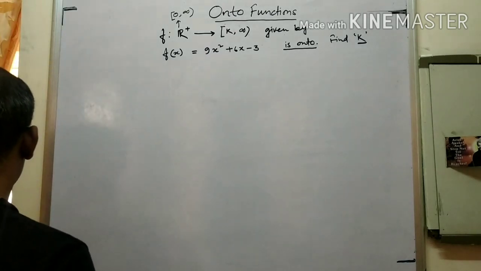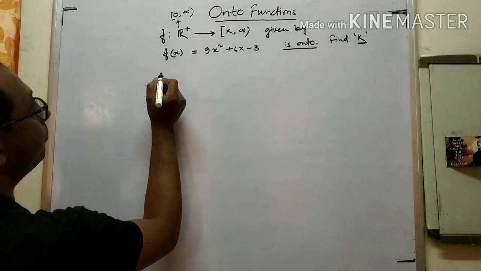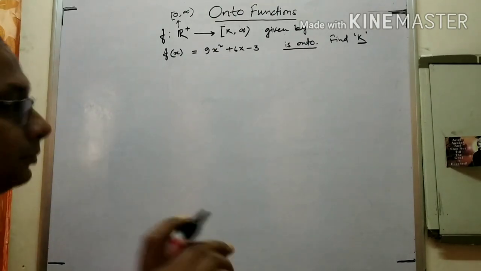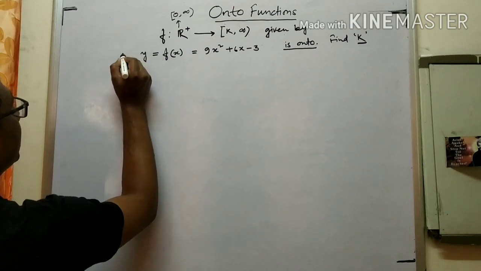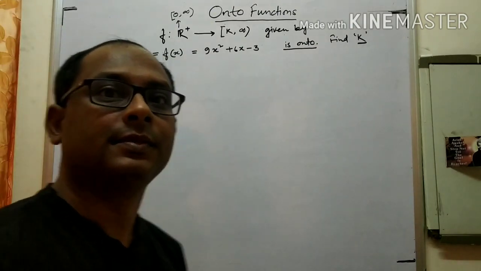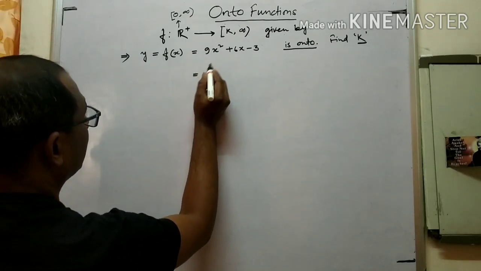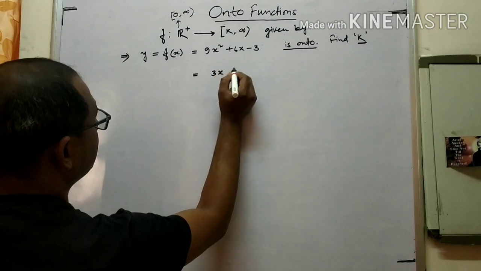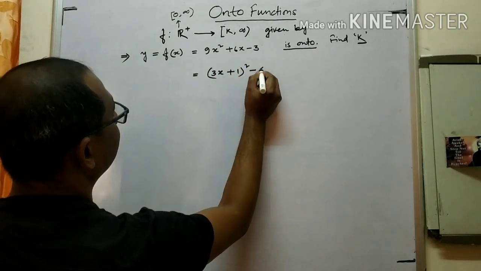Okay, so let us see how to do this. For a quadratic function, we have already learned in class 11 how to find the range. Okay, we'll go for it. This is (3x + 1)² − 4.